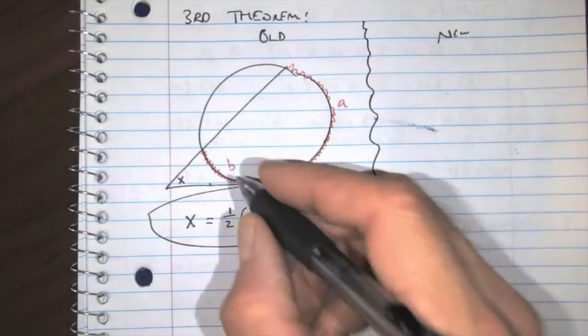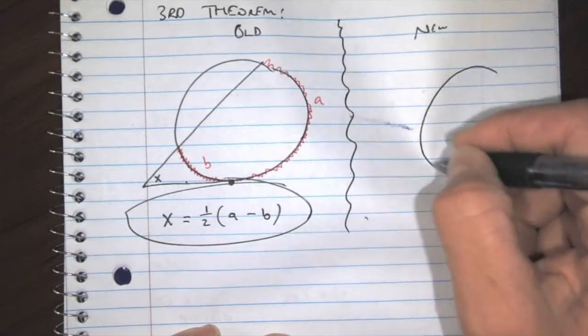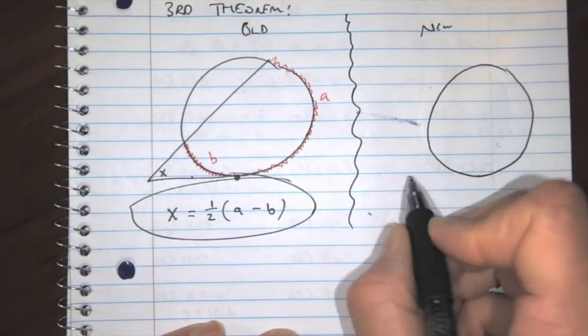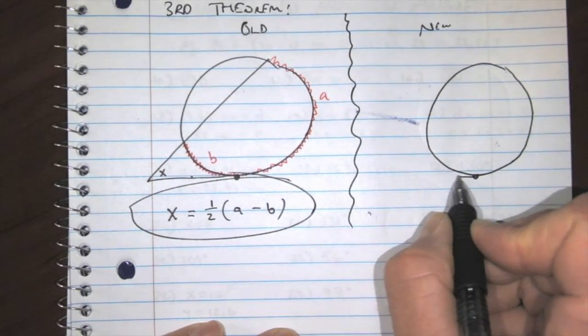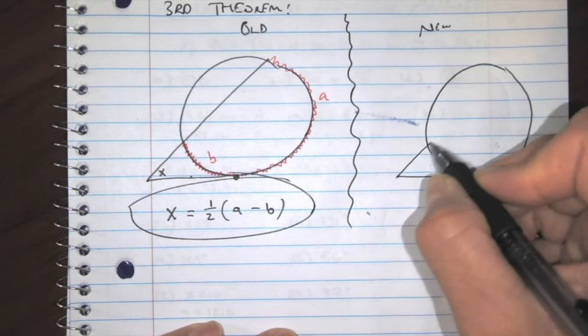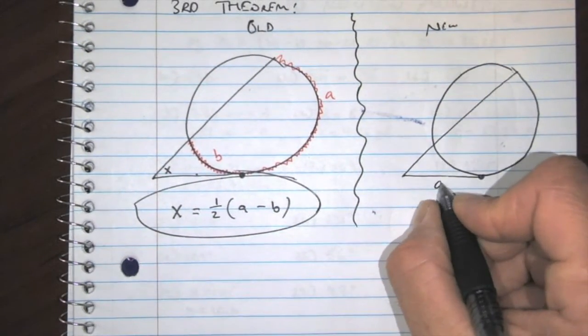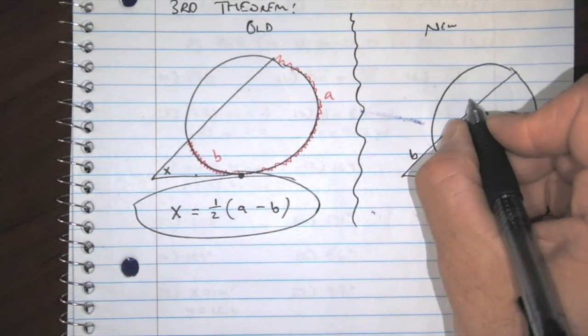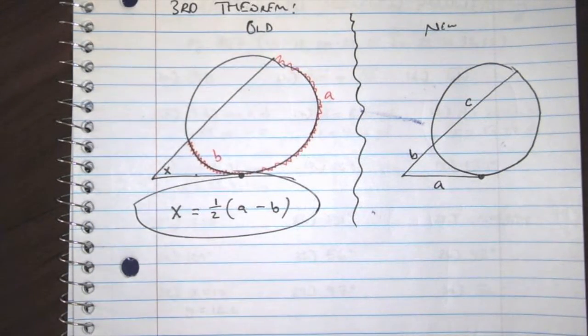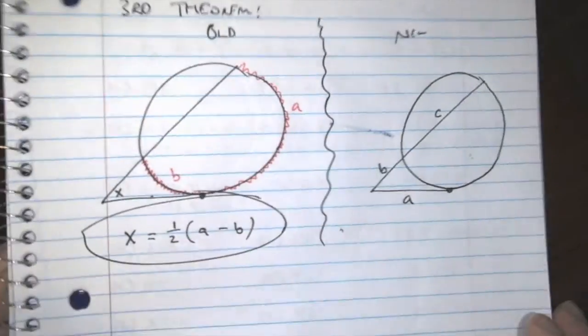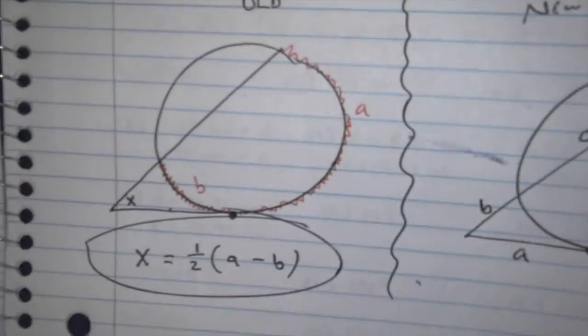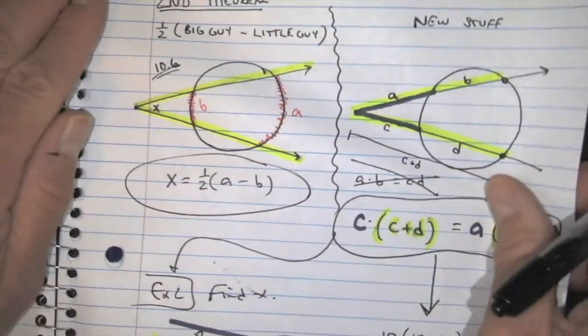New theorem. The picture looks almost identical to that. So let's draw the exact same picture. Let's call this A. Let's call this B. Call that C. Okay, I actually want to rip the last page off because I want to compare it.